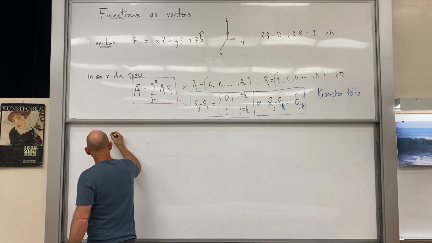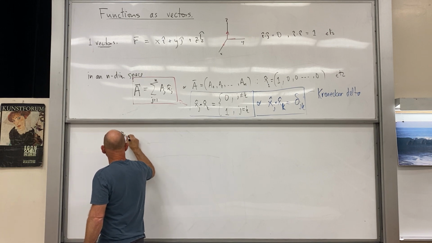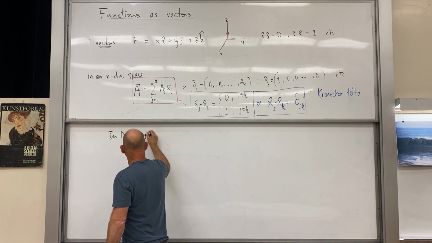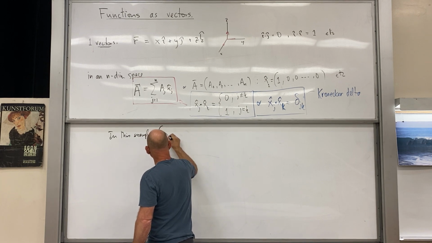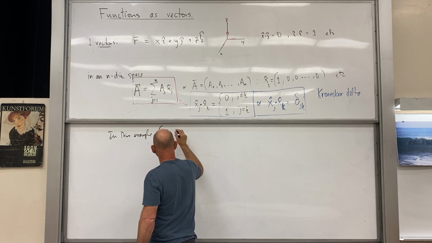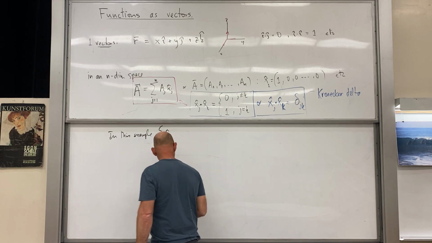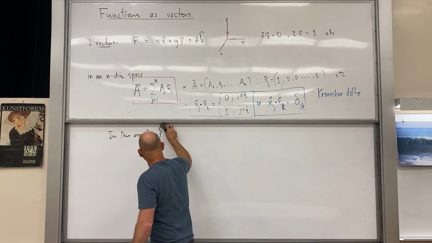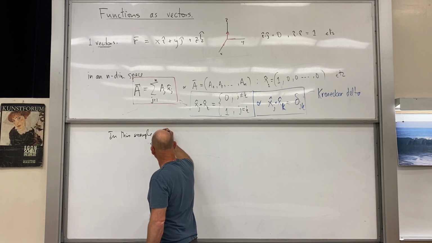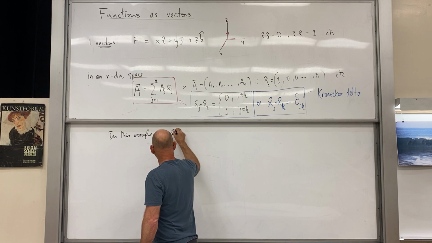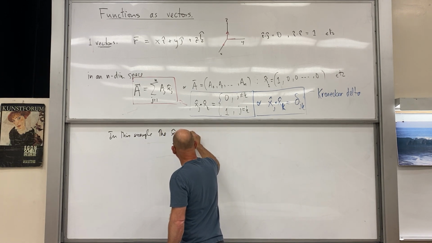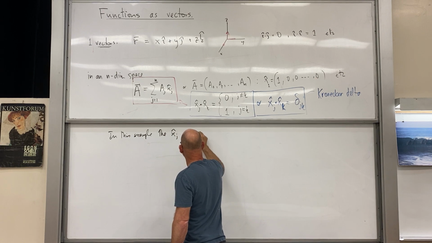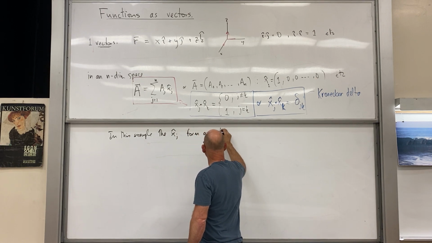So in this example, the set of these x sub j hat, speaking of them in plural, form an orthonormal set.